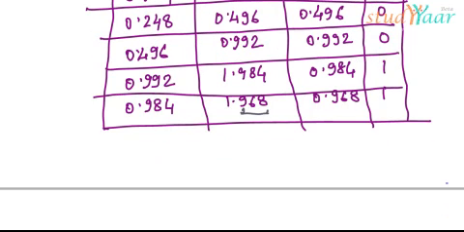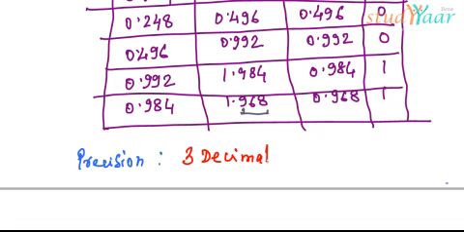Let's suppose I say that I want this number with a precision of, say, 3 decimal places after the decimal point, or after the radix point.